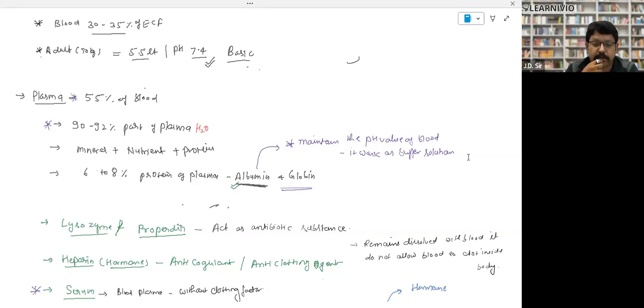There are other buffer solutions too, but basically those are buffer solutions we use in the chemistry lab. The one present in our body is albumin. Albumin works as a buffer solution in our body. Got it? Yes, sir.